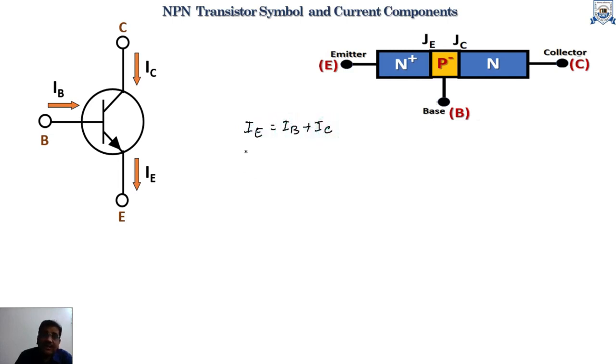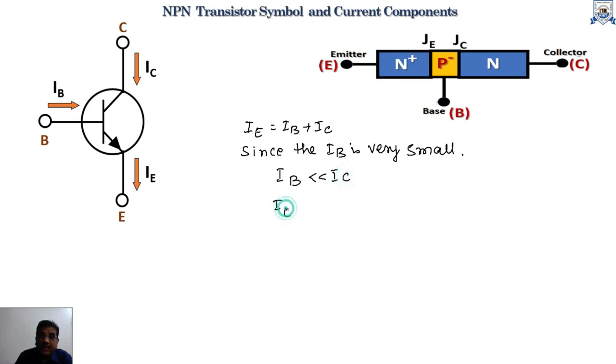Since the base current IB is very small, it can be neglected, and thus the emitter current can be approximated to the collector current.